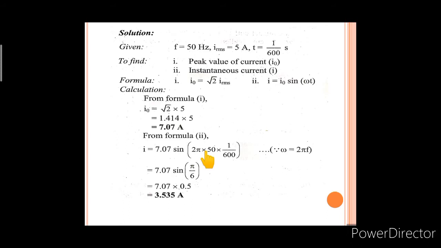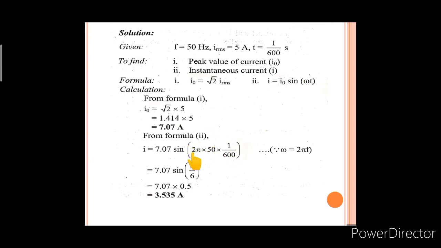So, 2 pi into f, which is given as 50, into time, which is given as 1 upon 600. So it becomes I is equal to 7.07 sin 2 pi into 50 into 1 upon 600.